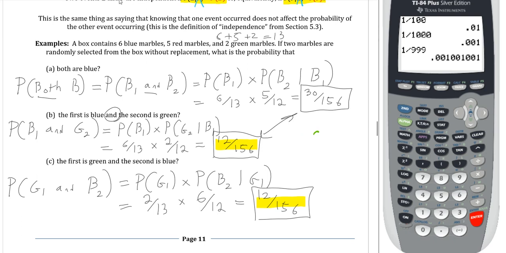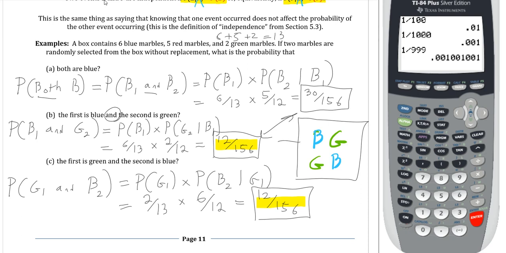The first marble being blue and the second marble being green, or you could have the first marble being green and the second marble being blue. That's how we could have the event of 1 blue and 1 green.